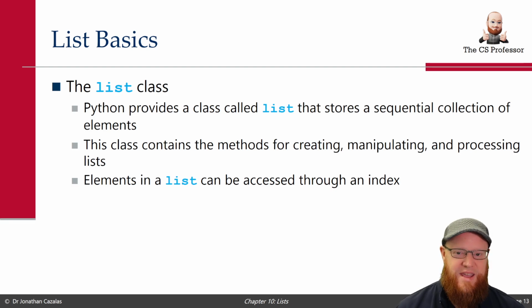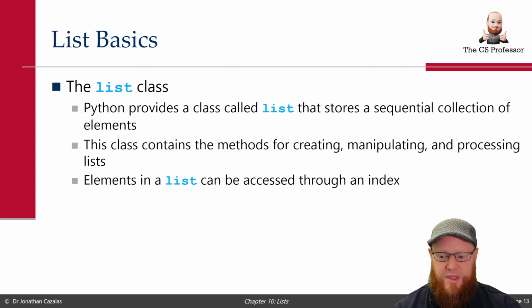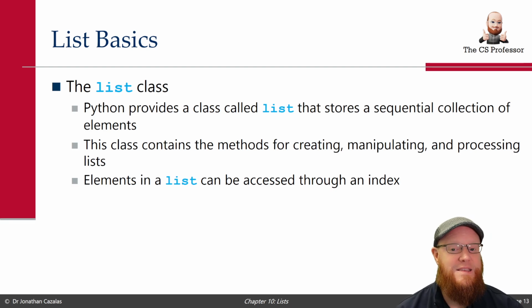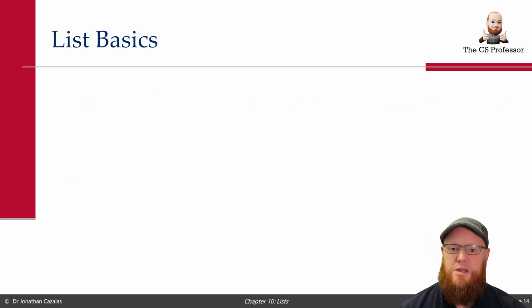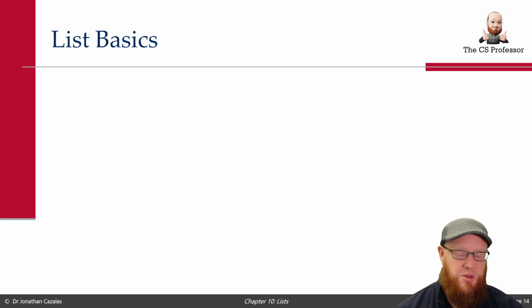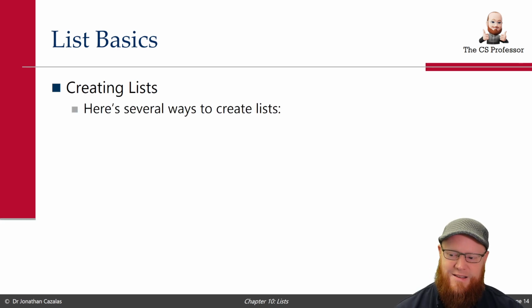In fact, a string is a list. A string is a sequential collection of characters, right? So a list can be accessed through an index in the same way that a string can. So if we understand strings, string indexing, string slicing, and those various methods we used on strings, lists are going to be almost identical.